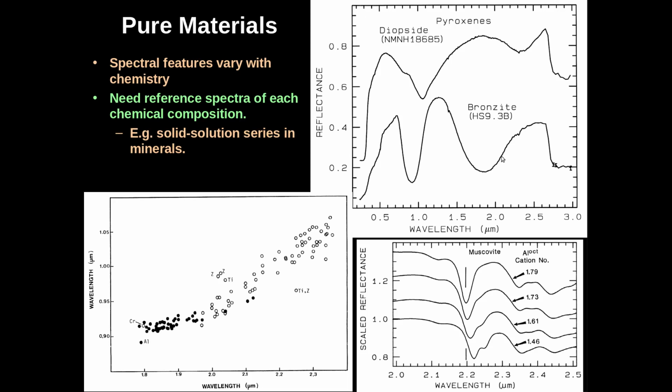And here's an example of pyroxenes where the absorption bands shift position, and with that position you can map the chemistry of the pyroxenes or muscovites.